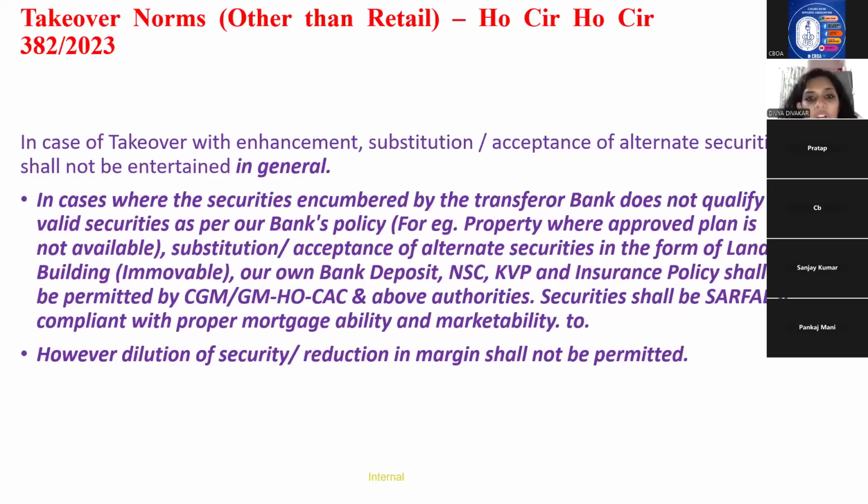So substitution or acceptance of alternate security in the form of land and building, our own deposits, NSCs, KVPs, and insurance policy shall be permitted by CGM, GM, HOCACs, and above authorities. The securities we are taking from other banks should be SARFAESI compliant with proper mortgageability and marketability. However, dilution of security or reduction in margin shall not be permitted.